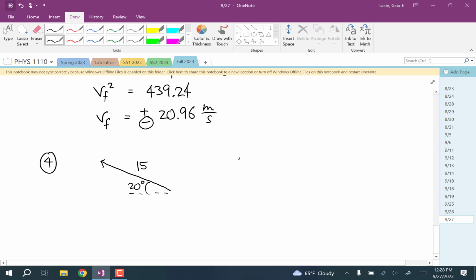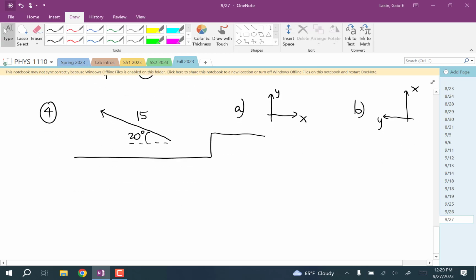And we want to calculate its components in two coordinate systems. The one we're used to, and then second, one where the x-axis is up and the y-axis is to the left. And in either case, you draw the coordinate system.